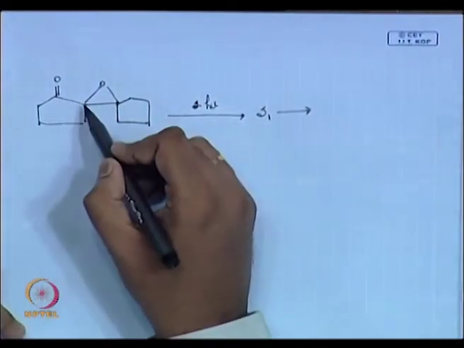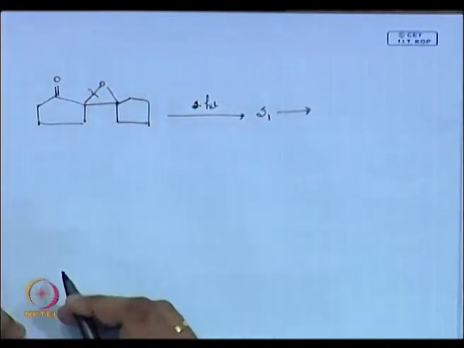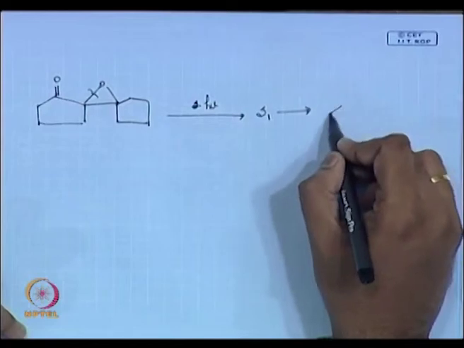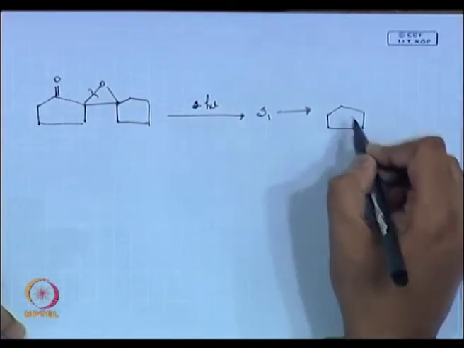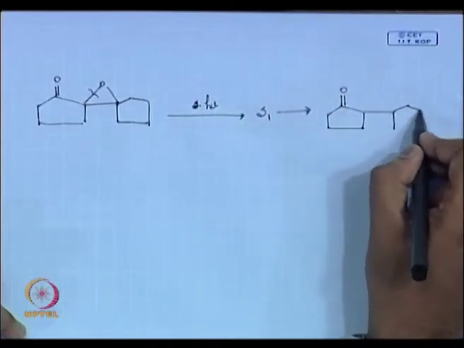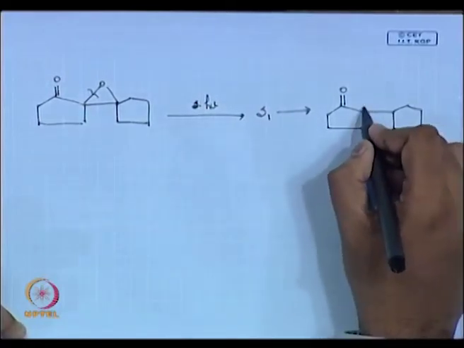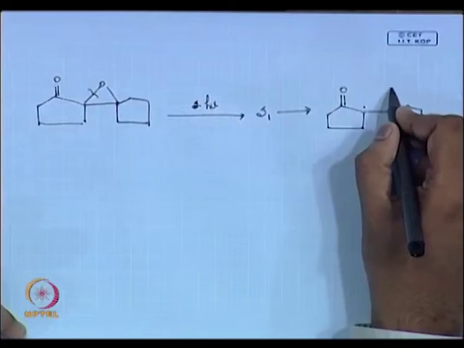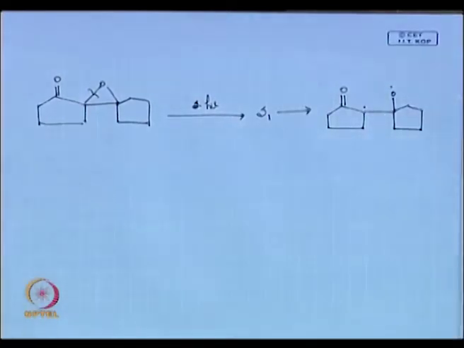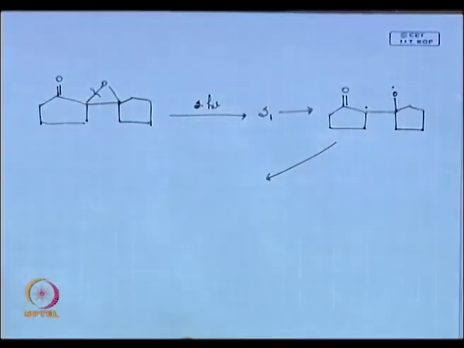What is your alpha? Have an alpha beta, right. So, you can break this bond, fine. So, you get a keto system like this. Now, write the product.